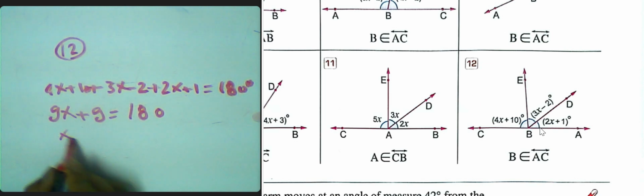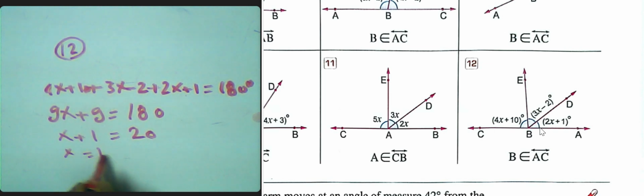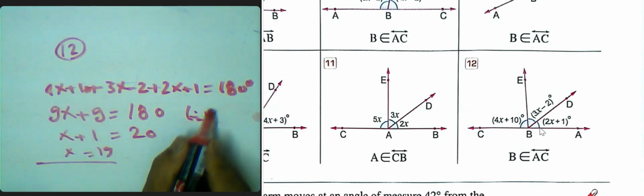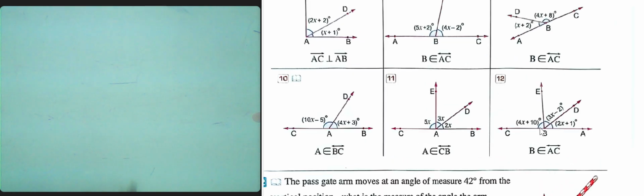We can subtract, then 9x equals 171, and the value of x will be 171 divided by 9, okay. Next, question number 12.